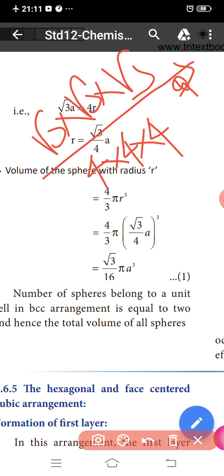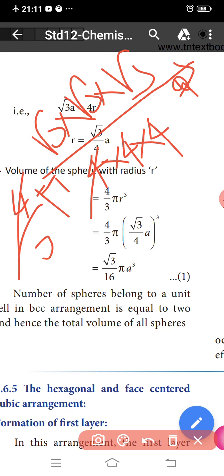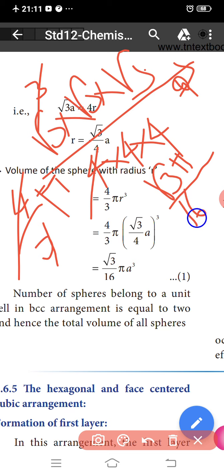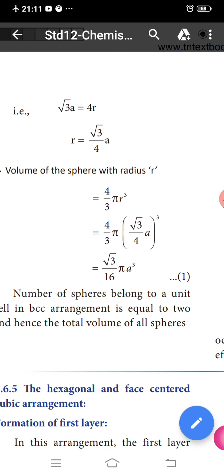The 4 cancels, and 3 with root 3 cancels, leaving root 3 pi divided by 16, 4 into 4 is 16, A cubed. This is the volume of one sphere in the BCC arrangement.